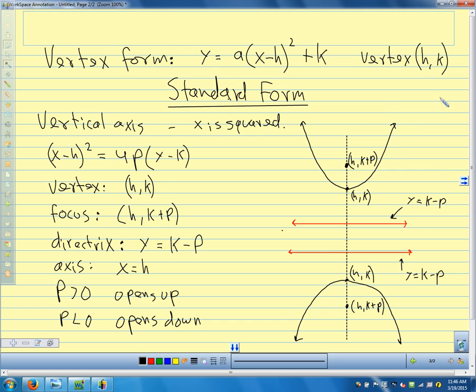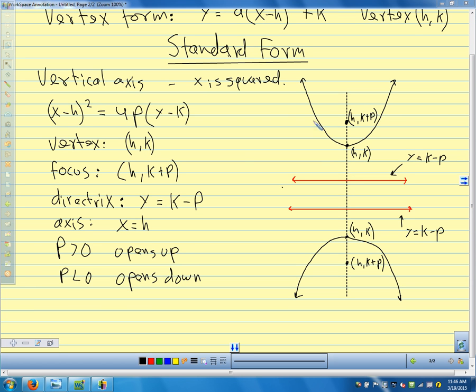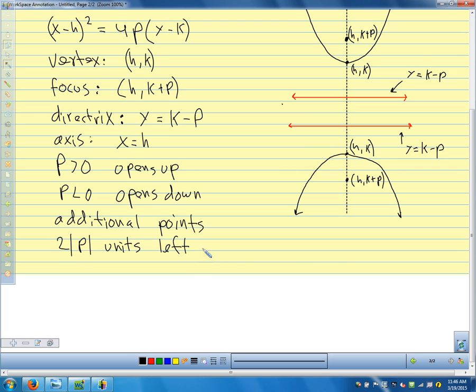The other nice thing that p tells us about our parabolas is we can plot additional points on our parabola. So we know how wide our parabola opens up at 2 absolute value of p units left and right of the focus.